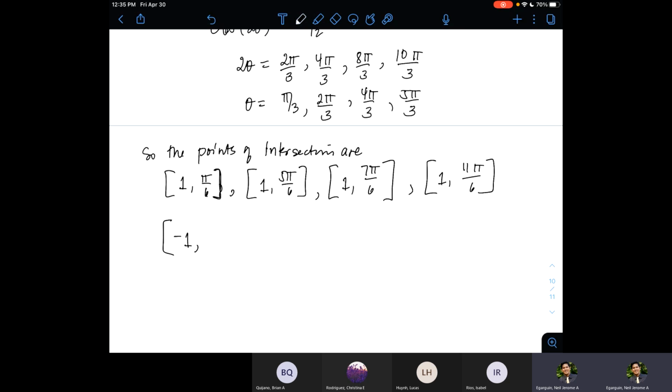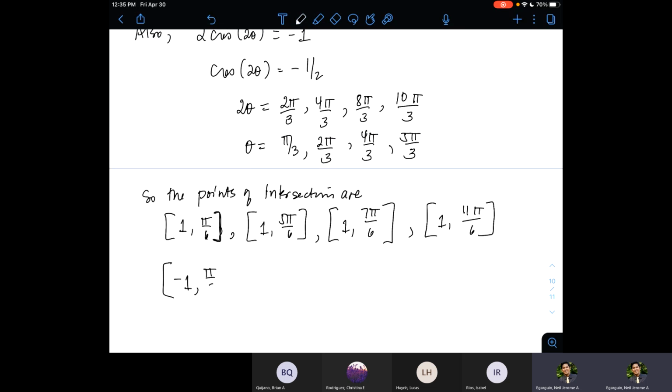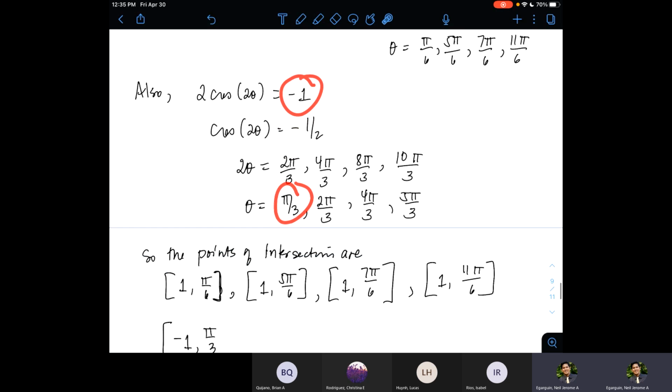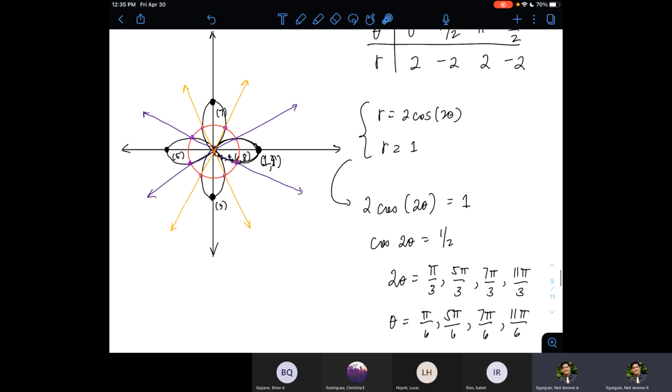Then the next point is -1 comma pi over 3, right? So we computed it as r equals -1 and then at pi over 3. Well, this is pi over 3, all right? But the radius, I forgot, is -1. So I will not plot here, but I will plot in the opposite direction, which is this guy. So this is the point of intersection corresponding to theta equals pi over 3.